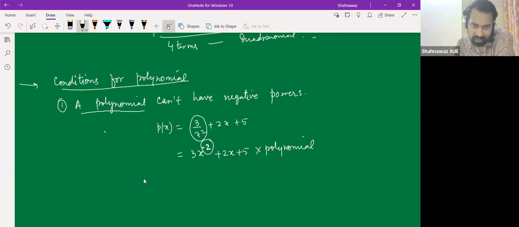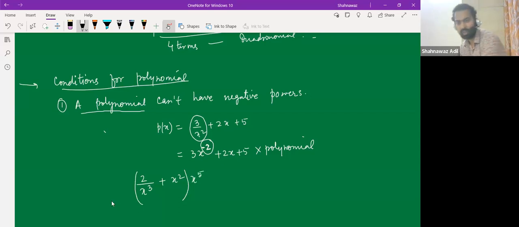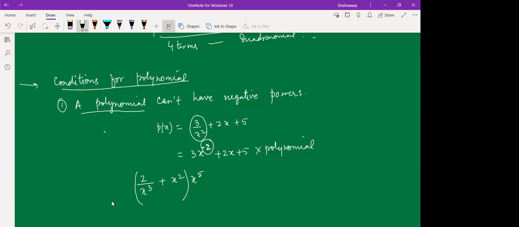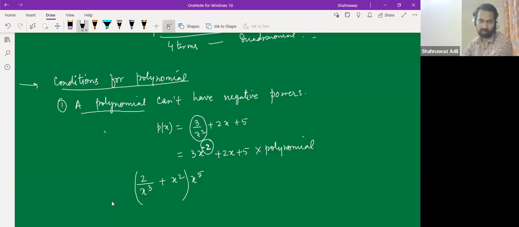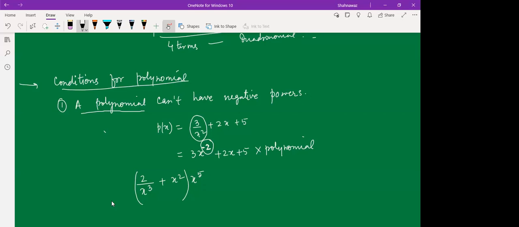So can you guys tell me, let's say if I write 3 by x cubed plus x squared and then x to the power 5. So is this a polynomial, Hamid? Yes. This is a polynomial. How is this a polynomial? Because it doesn't have negative powers.